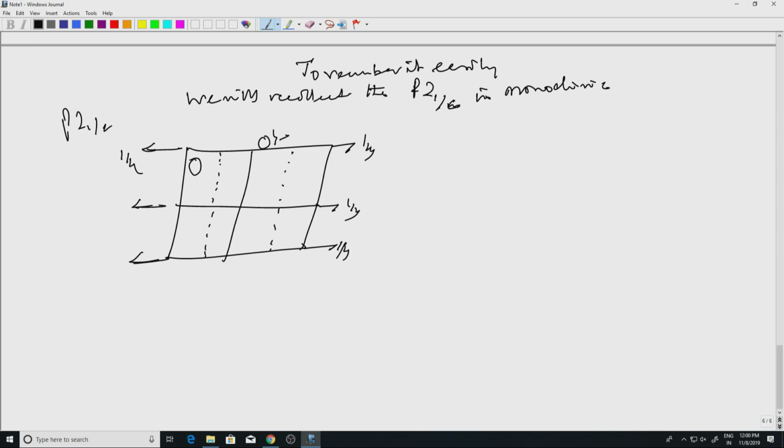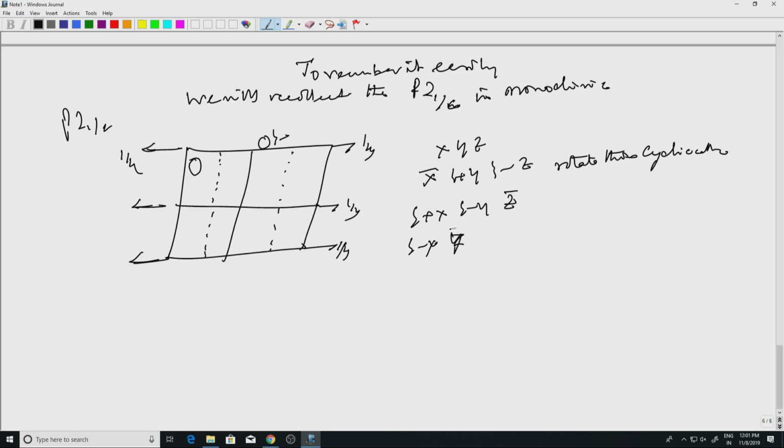Okay, so now when I write this one, x, y, z, x bar, half plus y, half minus z. Now we can rotate cyclically. Now this becomes half plus x, half minus y, z bar, half minus x, y bar, half plus z.